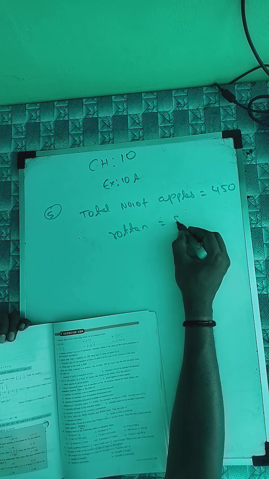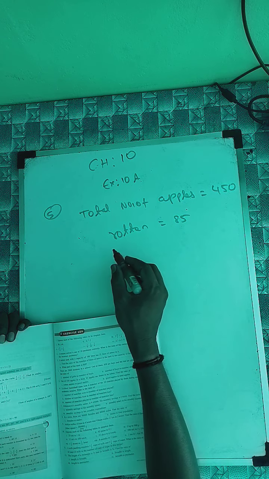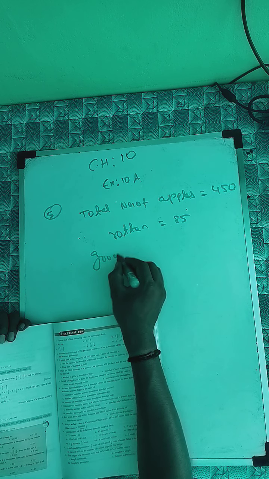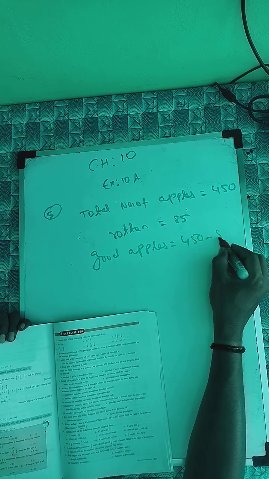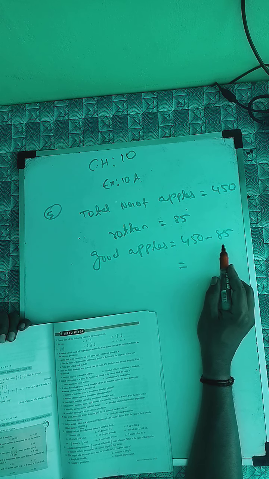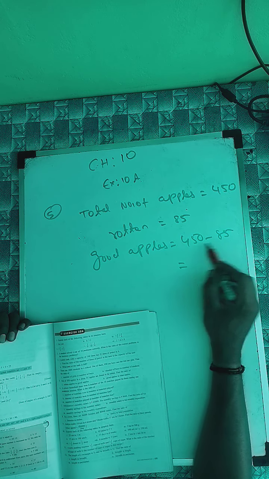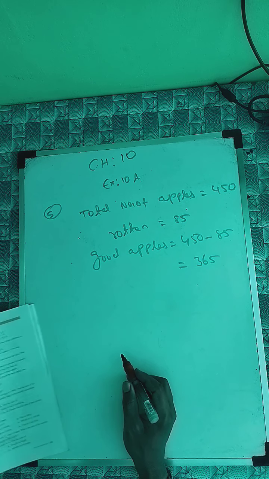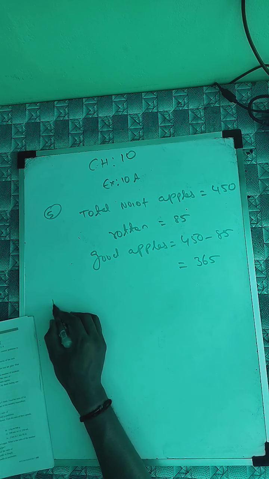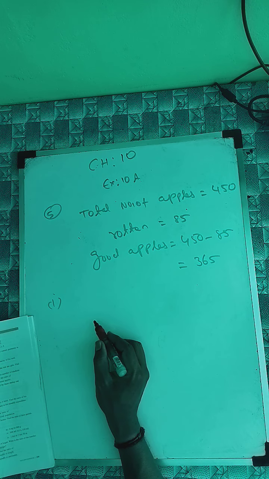Therefore, the good apples are 450 minus 85, which is 365.